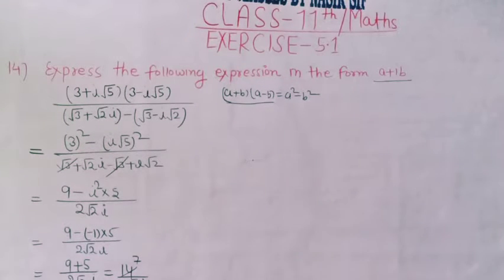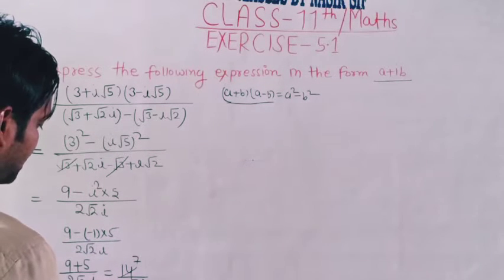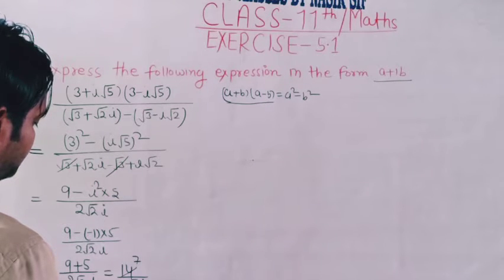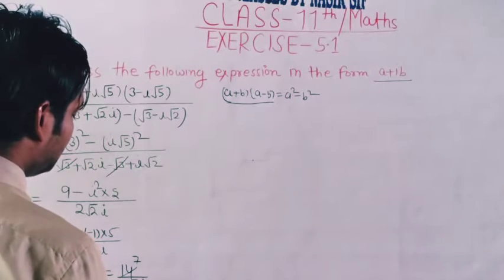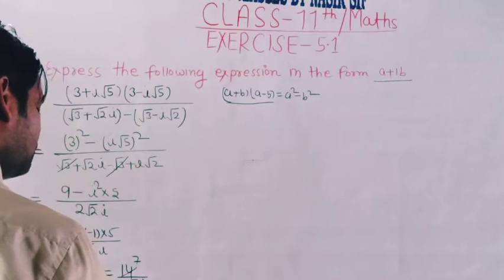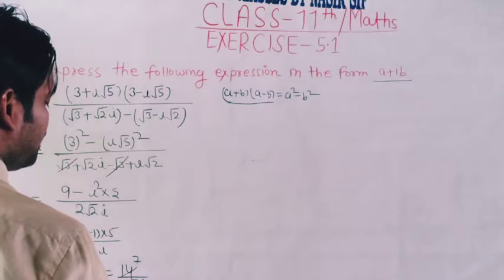Okay, so we have to multiply numerator and denominator by i, so this becomes 7 into i upon root 2 i into i, so this is 7i upon root 2 times i square, and the value of i square is minus 1.